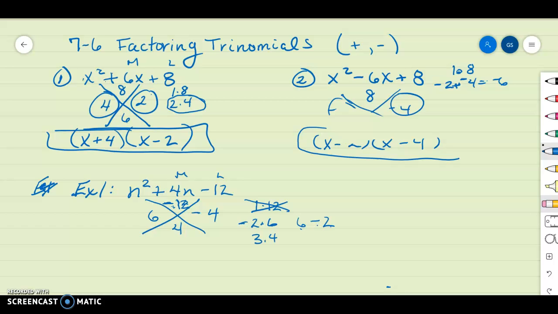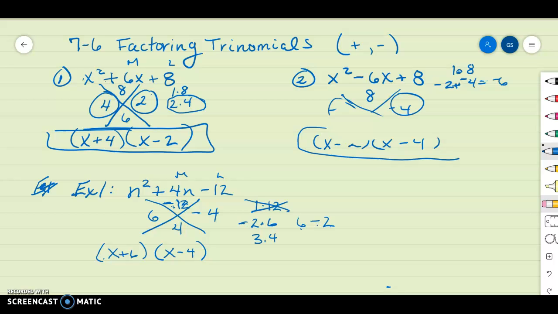Now we double bubble, and we get x plus 6, x minus 4. When you're multiplying to get a negative number, you're always going to have two different signs.